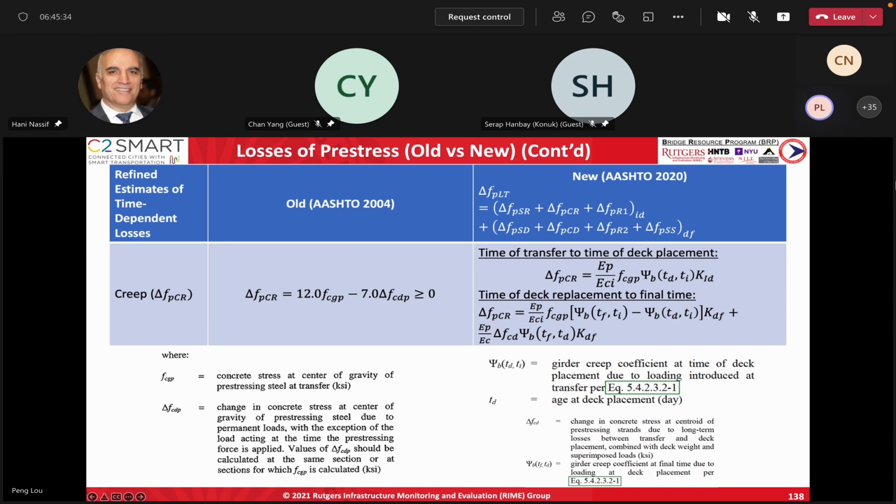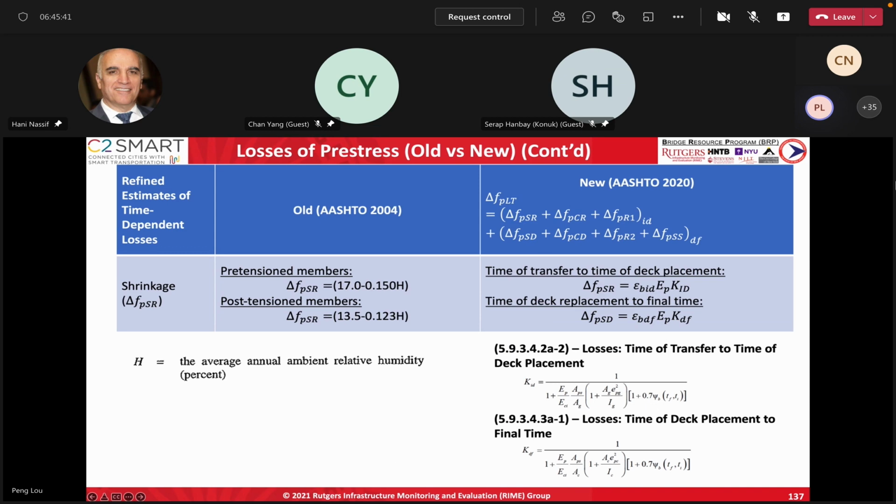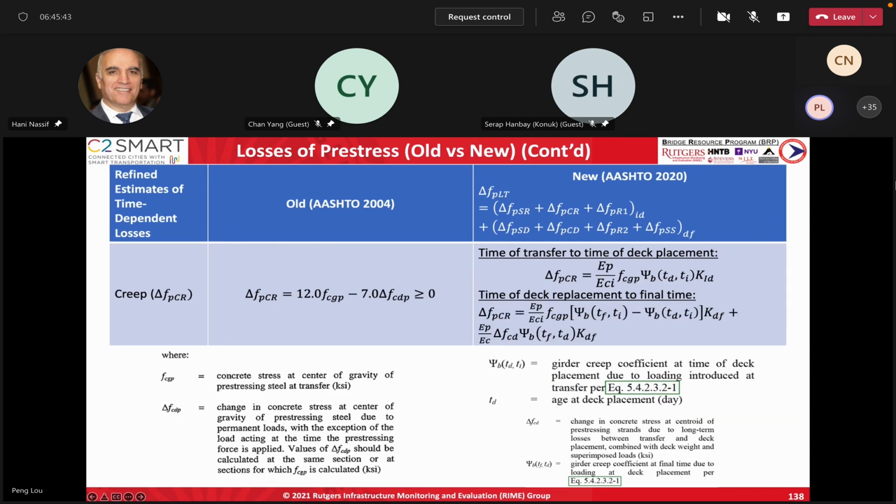If you're interested, you can go to this chapter, 5.9.3.4, where the code talks about the creep model. There's also a creep coefficient, so be careful: this is from the previous chapter, 5.4, so you have to go back to that chapter. There are a lot of parameters to consider, but I'm just showing some conceptual things you need to know before applying these models.